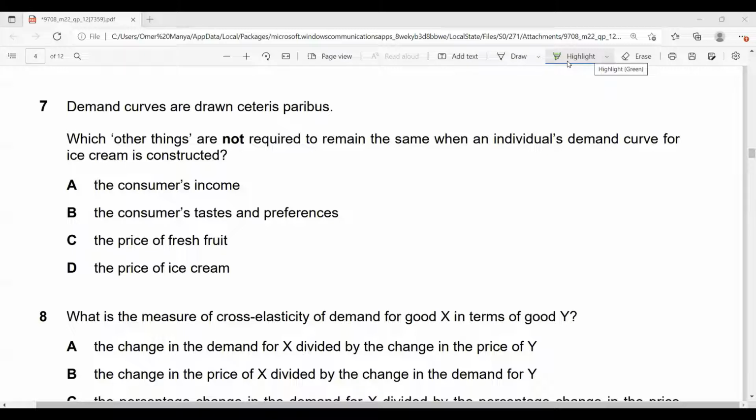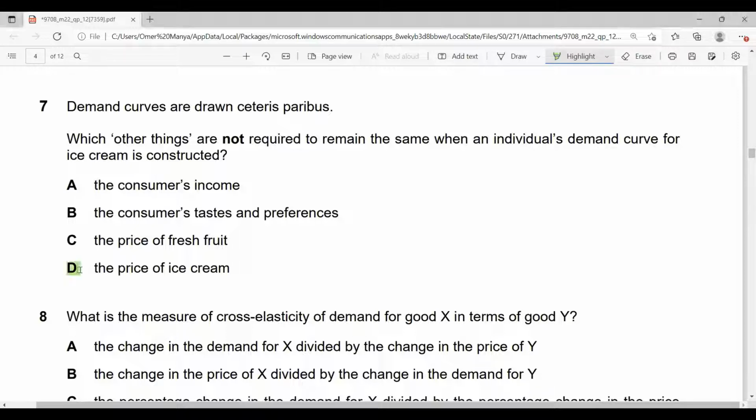So when you draw a demand curve, the relationship that you are observing is a relationship between price and quantity demanded. So we want to observe the effect of price on quantity demanded, and all other factors aside from these two will be kept constant, which is why it says which other things are not required to remain the same when an individual's demand curve for ice cream is constructed.